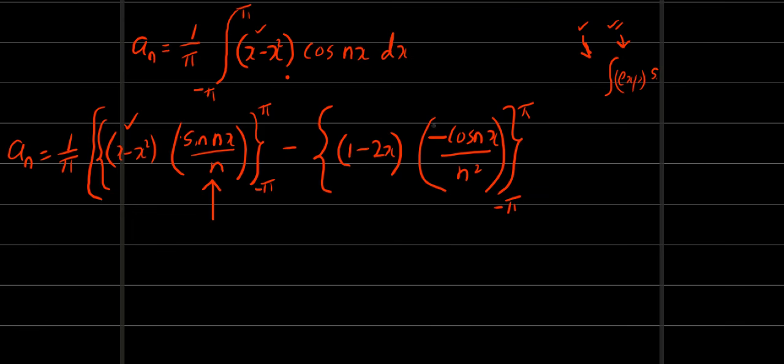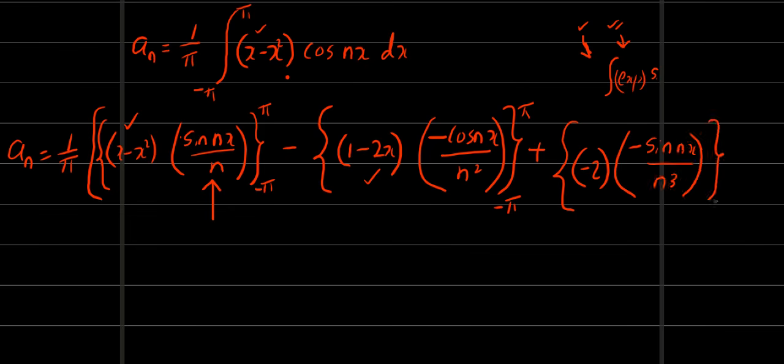One very important thing, I have seen students trying to combine this minus and minus while applying Bernoulli's rule. Right now I am applying Bernoulli's rule. Don't do that. The next term might be wrong in terms of plus or minus. So 1 minus 2x, the derivative is minus 2, and cos, the integral is sine. So minus sine nx by n cube up to this minus pi to pi.